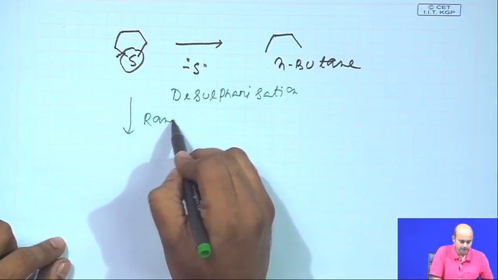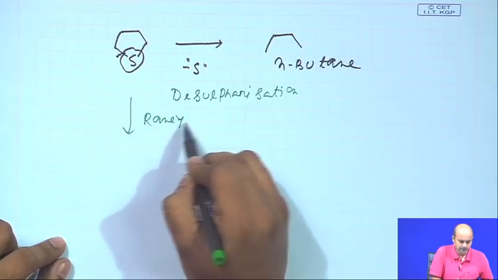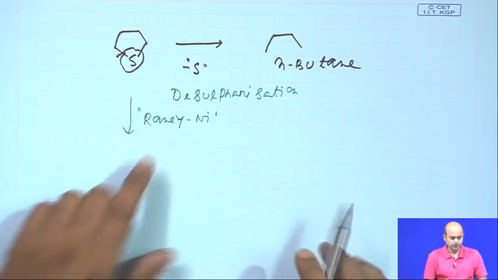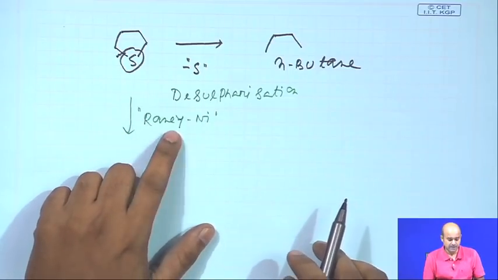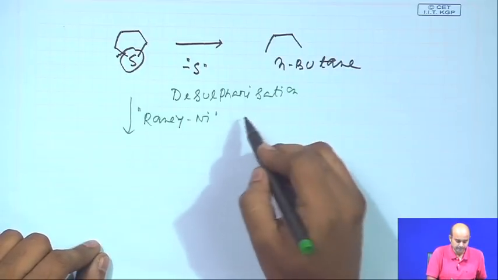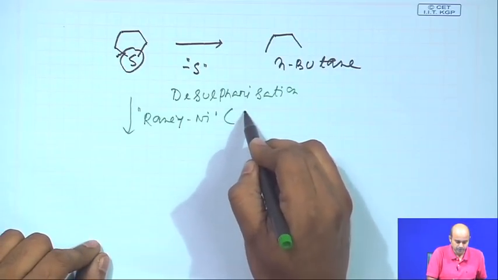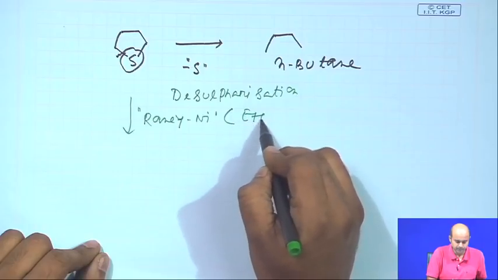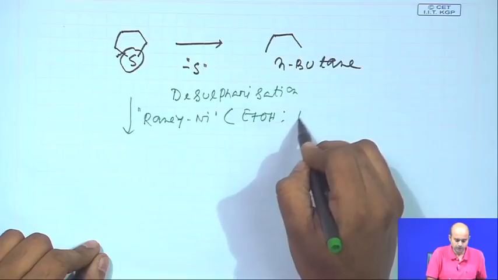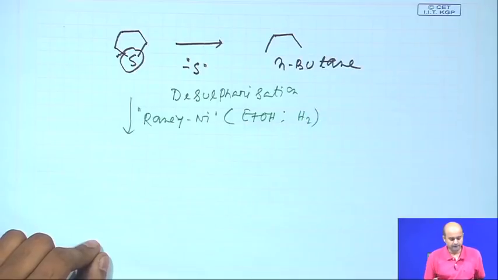It was done by Raney nickel, an active species which is commercially available. Raney nickel is a nanoparticle form of nickel, and you use the reaction in an ethanolic solvent; sometimes you can use hydrogen as a gas.